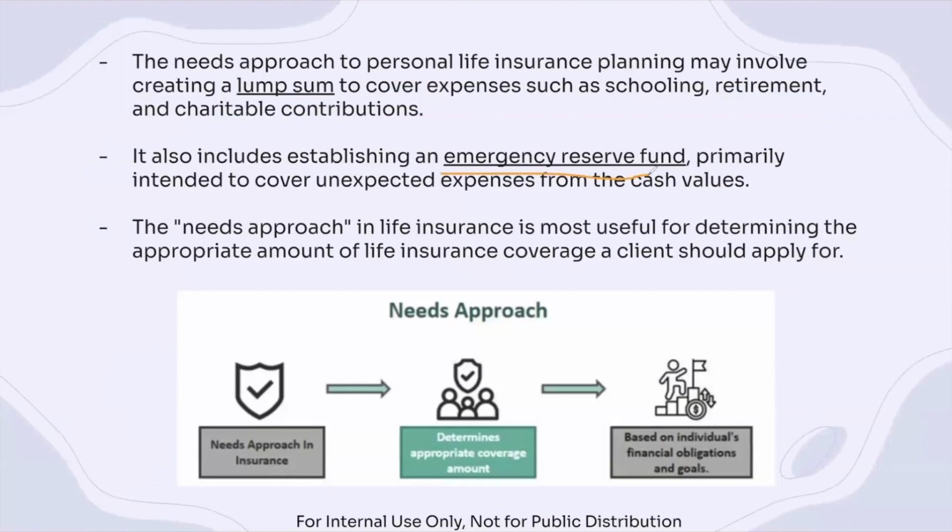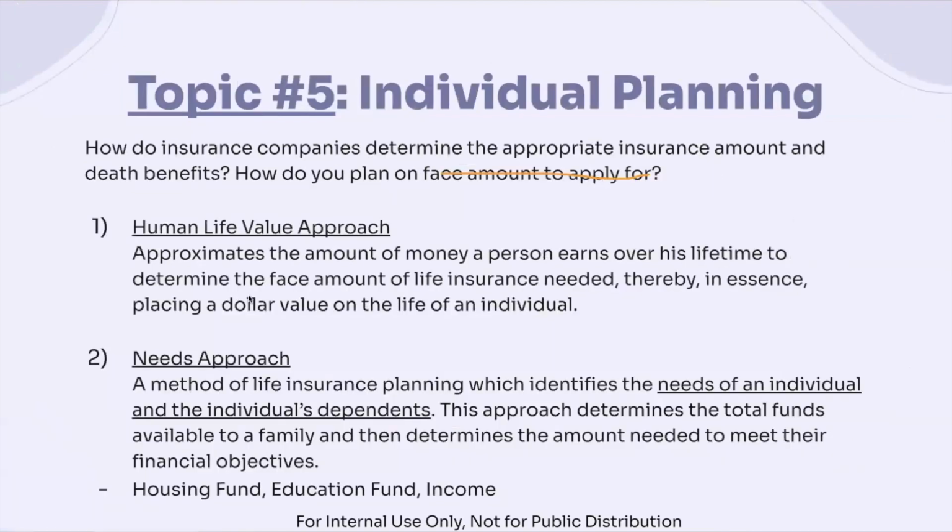What if an emergency occurs in the future, and how can the cash values help cover that? We look at the needs of the individual instead of what the individual currently has or has already earned. So here we're looking at the future needs of the individual's family, the dependents as a whole.